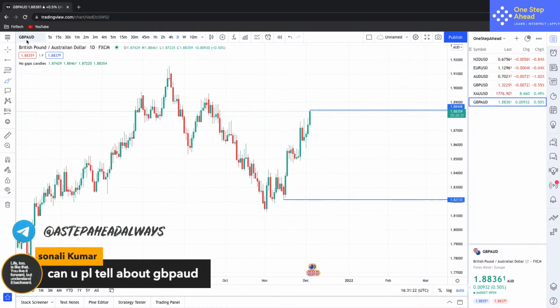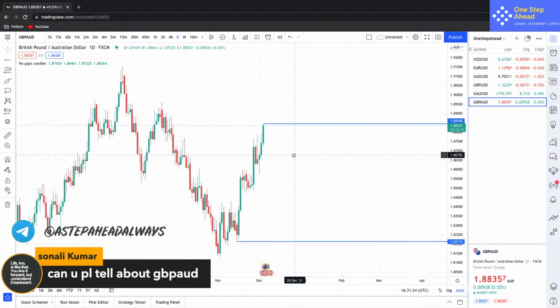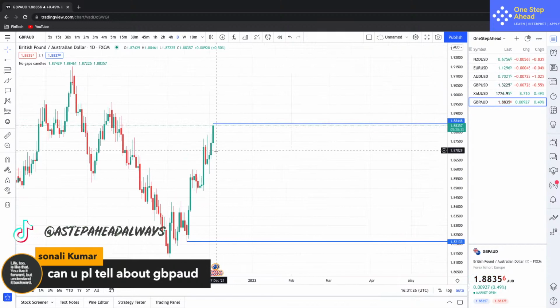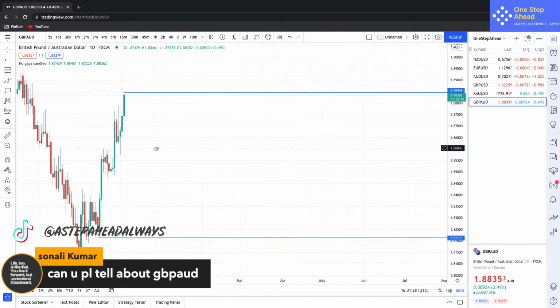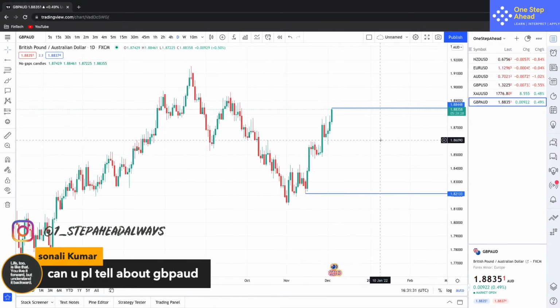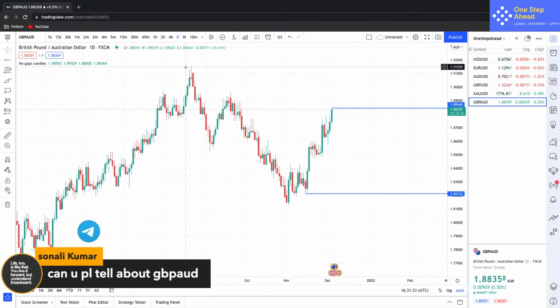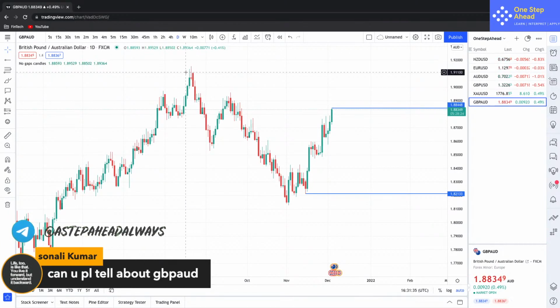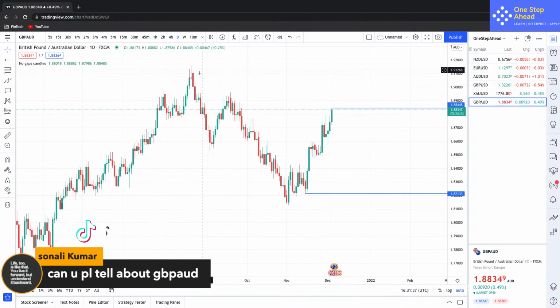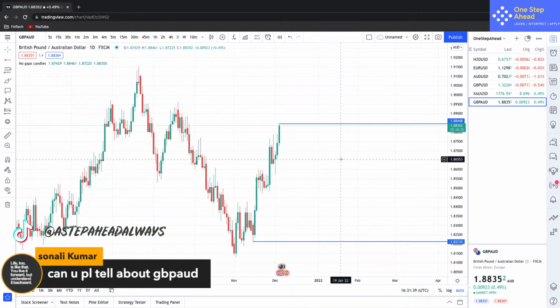You need to find an excuse to go long, but it's too far now, I think. So this is where we are at the moment. Probably we'll take this liquidity out. So that's about the Aussie.